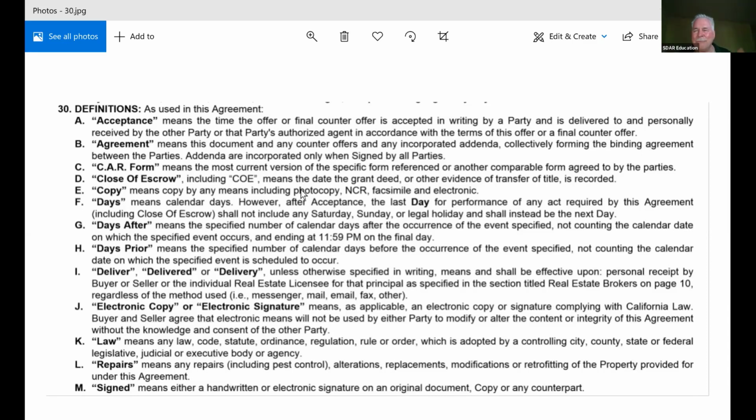I said, can I copy this? I'll give you credit. He said, I don't care about credit. I said, I'm not sending it without giving credit, because it looks like I wrote it, and that may be plagiarism, might be legal advice. But at the end of the day, it was great. The answer is that days means calendar days. If the date for performance falls on a Saturday, Sunday, holiday, then it shall be the next day.